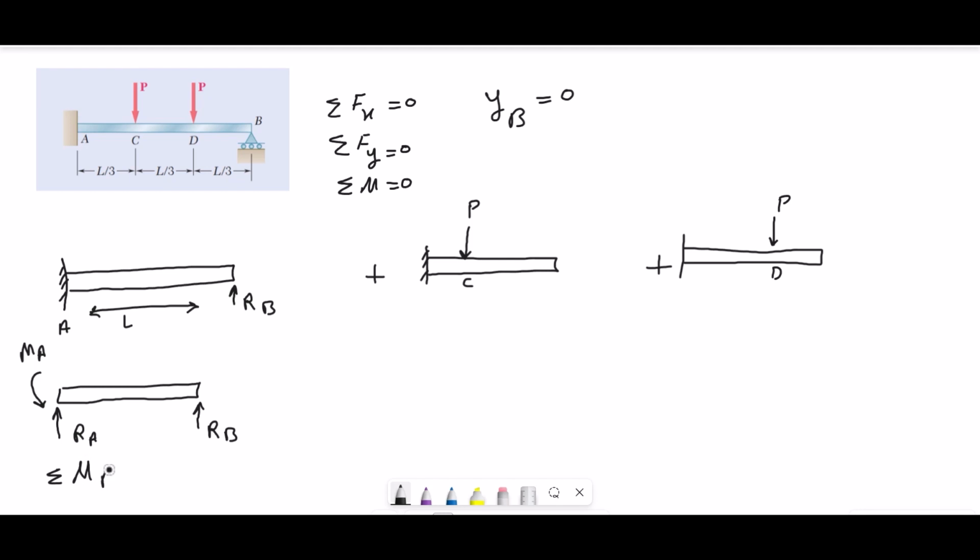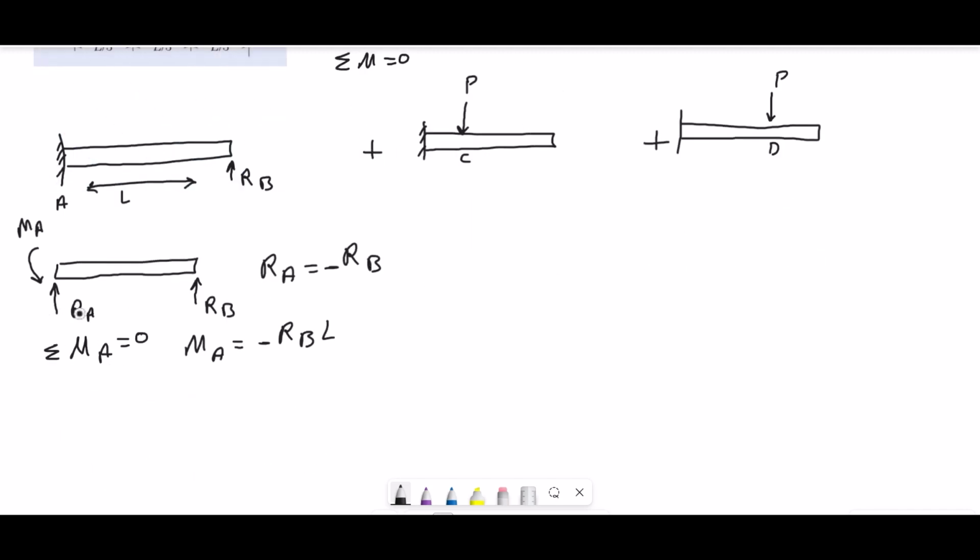Sum of moments around point A has to be 0, so M of A will be equal to minus R of B times L, and from the summation of forces we see that R of A is equal to minus R of B, and from here we can find the moment in this beam.